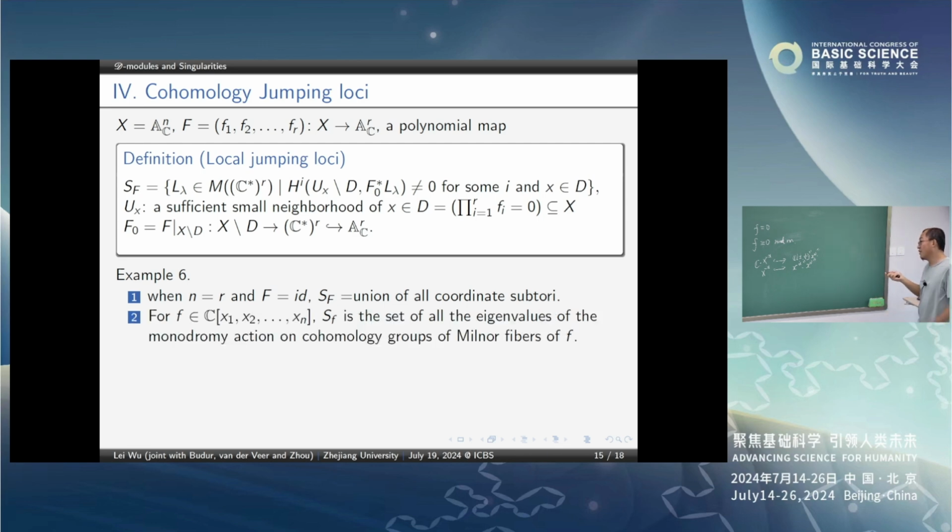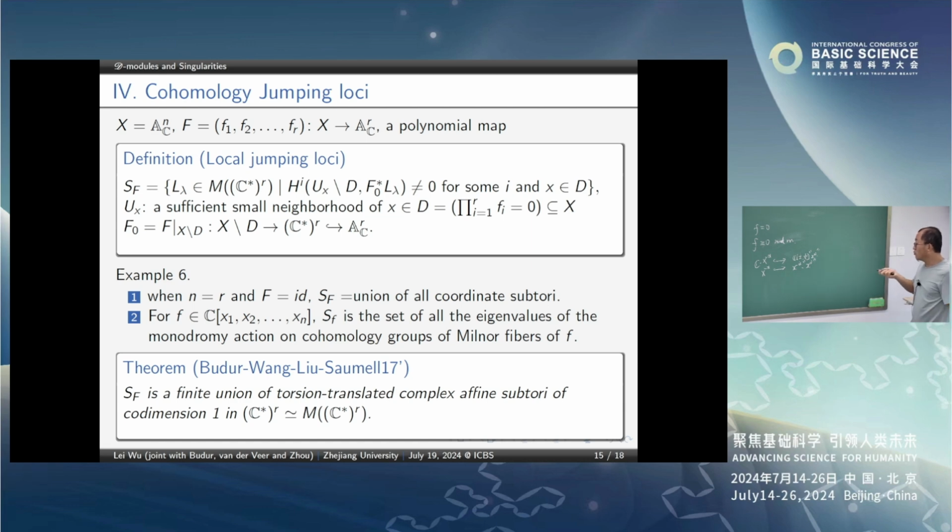And if capital F degenerates to a single polynomial, then we can still define this local jump locus, but this is nothing but the eigenvalues of the monodromy action on Milnor fibers or Milnor fiber cohomology. Okay, so this capital S_F is exactly a generalization of this lowercase s_f. So we can believe this is the right analog on the right hand side to compare with the B_F.